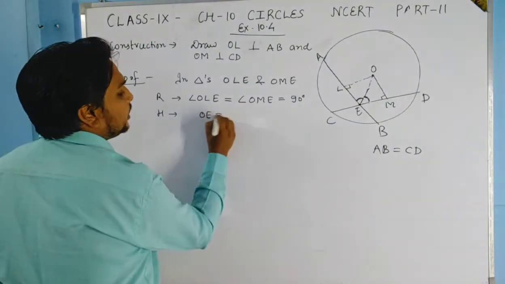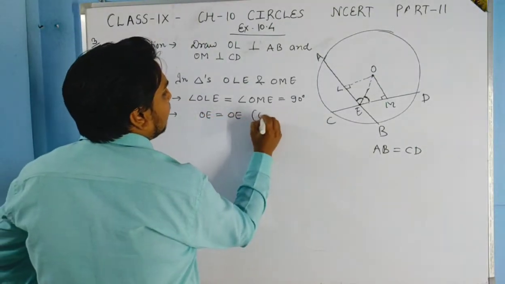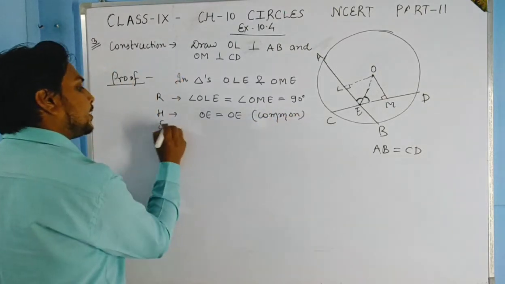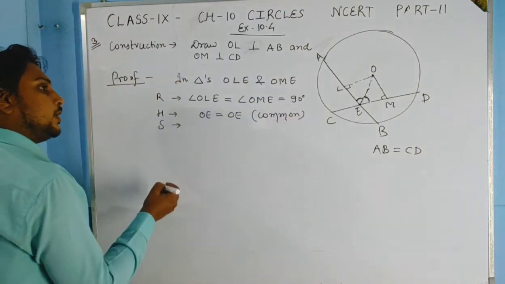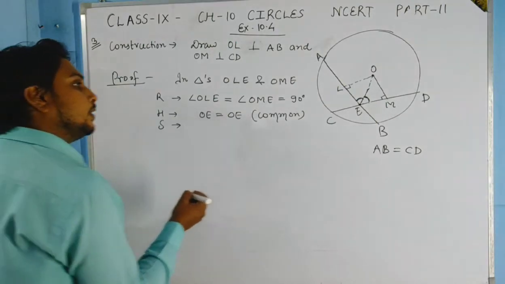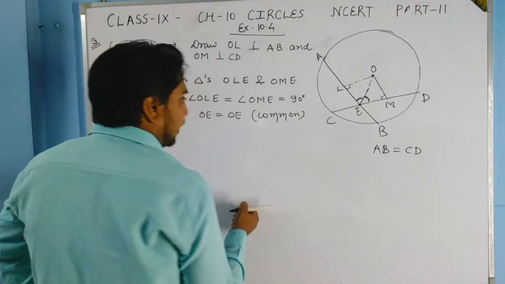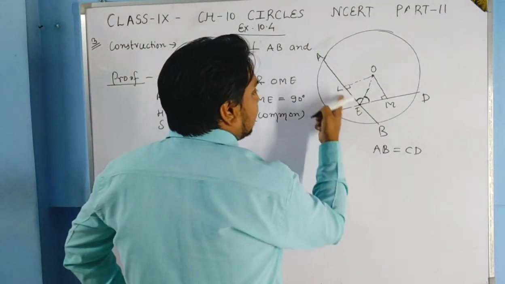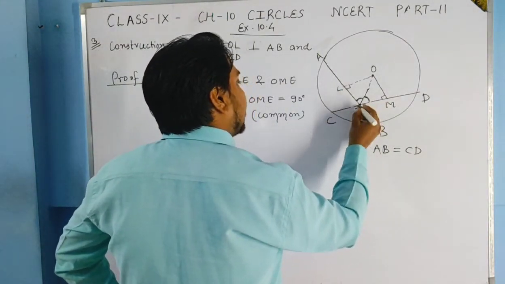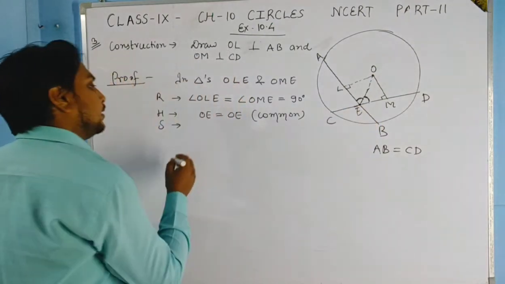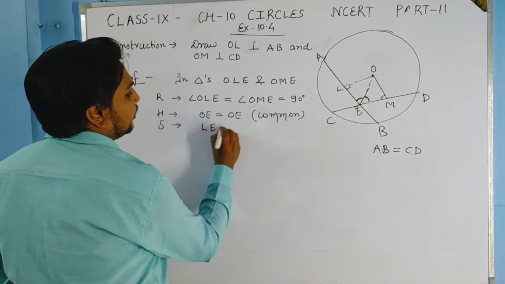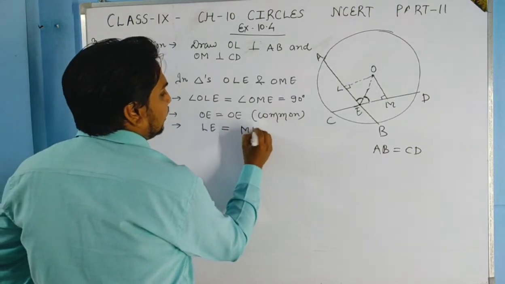The side OE is equal to the side OE and it is common. Okay, and S means side. At the place of side, what will we write? We'll write that the distance LE will be equal to ME.